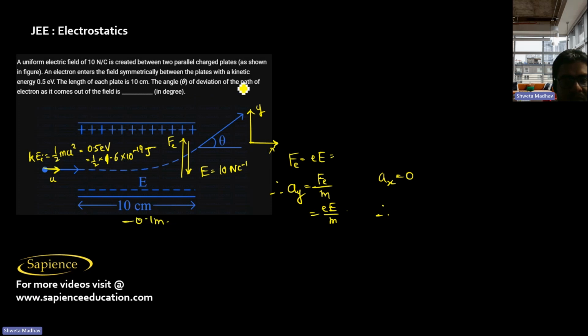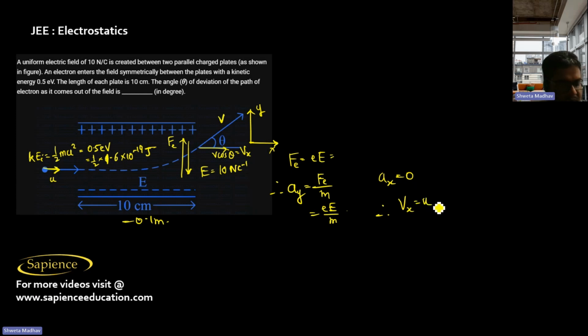The angle theta of deviation of the path of the electron as it comes out of the field is in degrees. So now if this is the final velocity v of the electron when it comes out of the two plates, then v cos theta will be equal to vx, which will be always constant since acceleration along x-axis is 0.